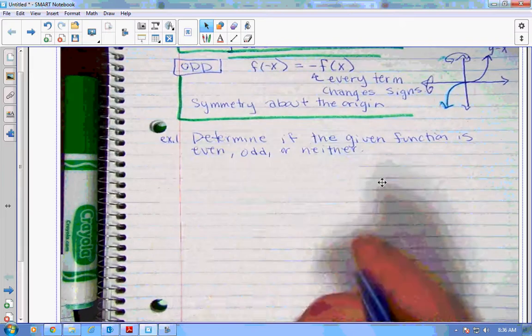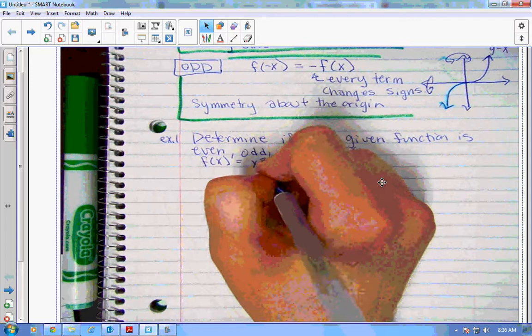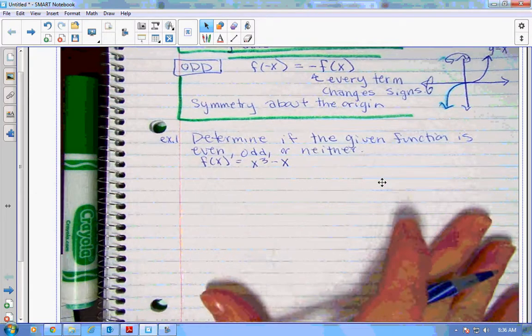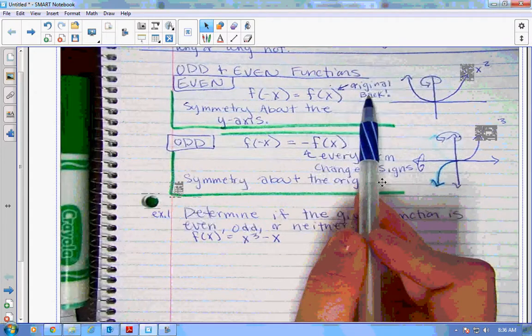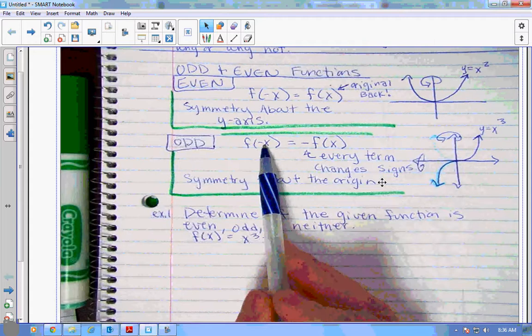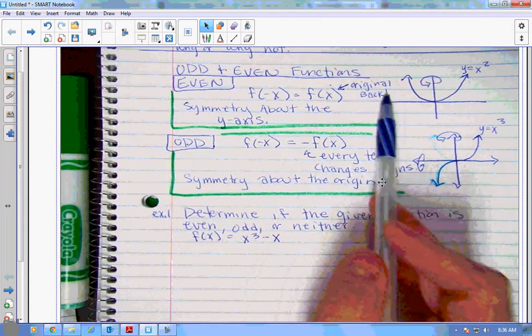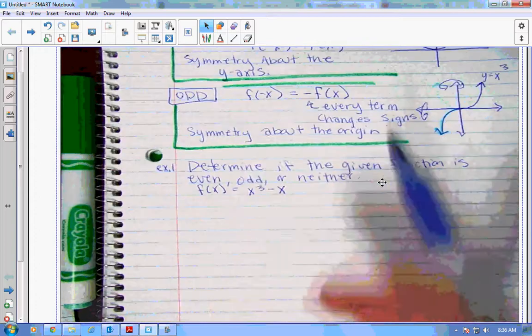Our given function, f of x, is x cubed minus x. To determine if it's even, odd, or neither, we have to plug in negative x. If we plug in negative x and we get the original function back and nothing has changed, then it's even. If we plug in negative x and every term changes signs, it's odd. If these two scenarios don't happen, then the answer is neither.